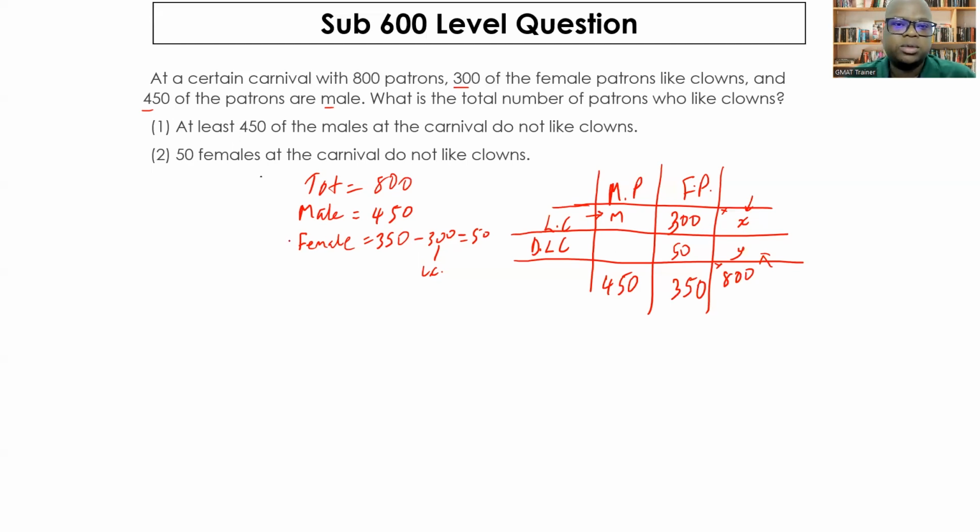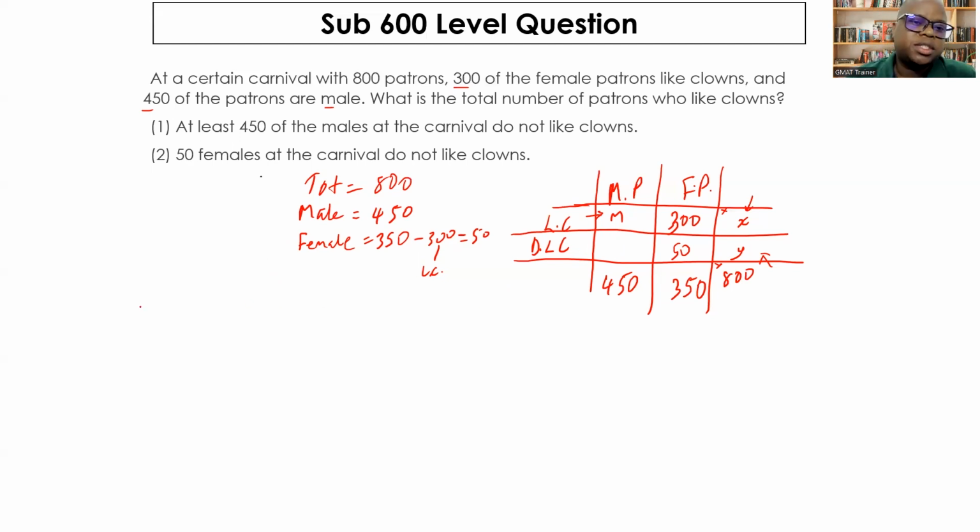So that's what we need to find out. Now we can assess our statements and look for which statement gives us information on the number of male patrons who like clowns, or male patrons who don't like clowns, or all the patrons who don't like clowns altogether.